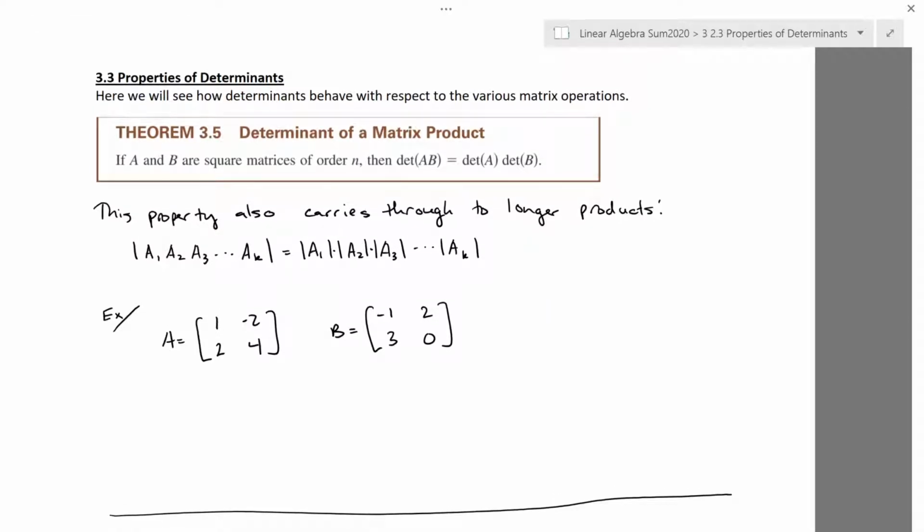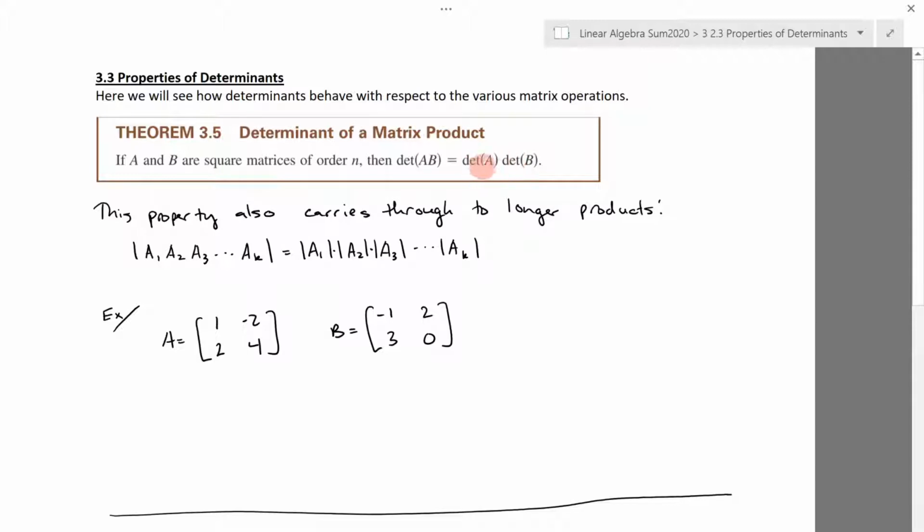Here I'm not going to discuss in detail why this is true, because it would be fairly lengthy to write out. But the basic idea is that in the case where the determinant is 0, that would mean that either A or B, or both, would have determinant 0, and when a matrix has determinant 0, that means it's singular, and so either A or B would have to have a row of all zeros.